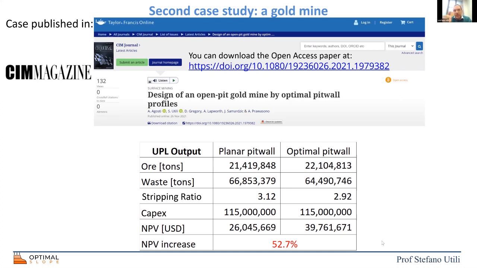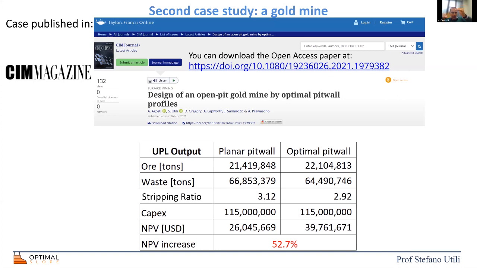And in order to be consistent, in terms of Whittle, here we use Datamine. In terms of the strategic planning tool, we just follow the same methodology in both cases, so that the only difference is in one case using Planar Pit, in the other case using the Optimal Pit tool.